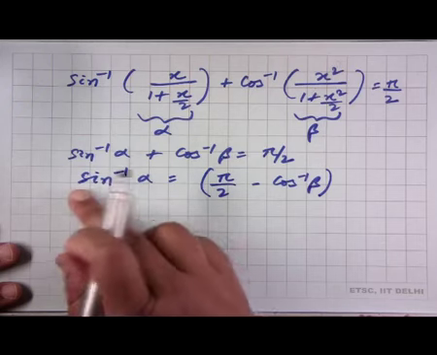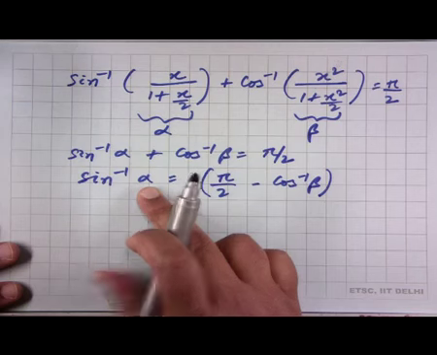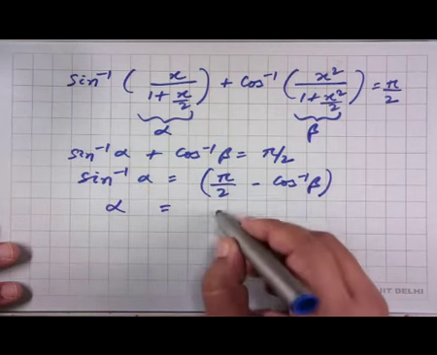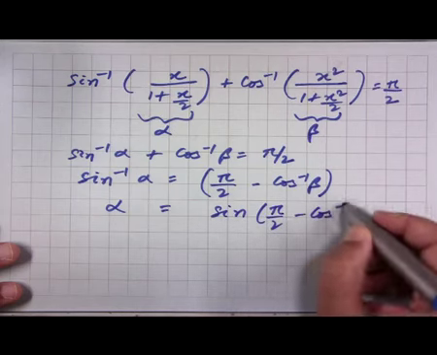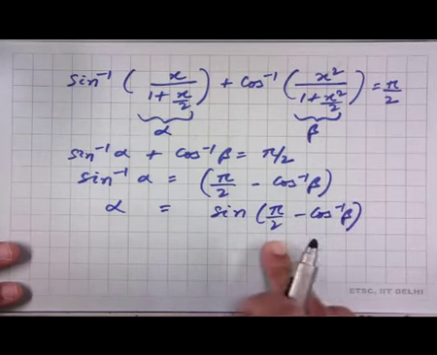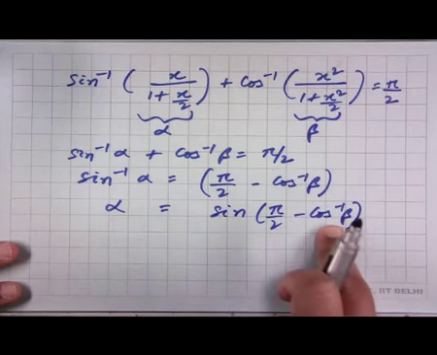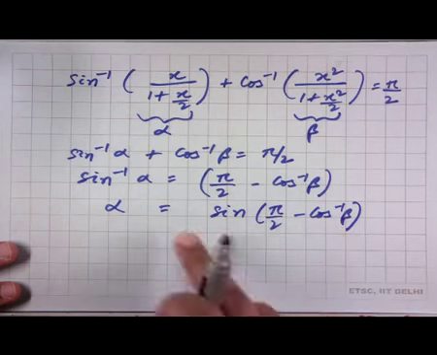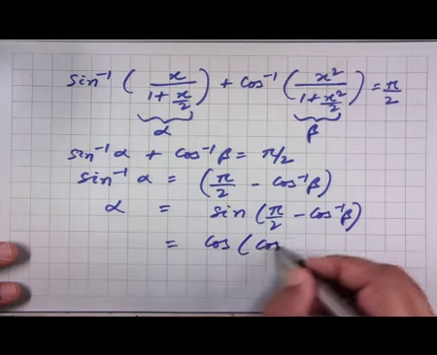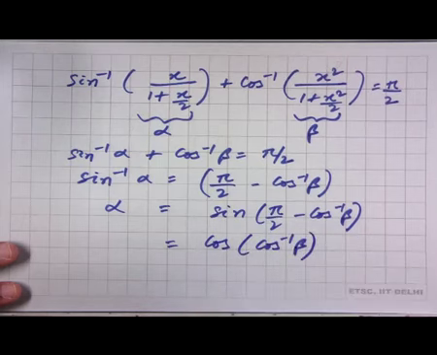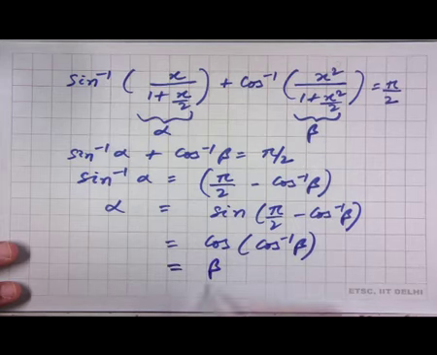Now, let us apply the sine function on both sides of this equation. When we apply sine to the left hand side, we get sine of sine inverse alpha, which is equal to alpha. On the right hand side, we get sine of pi by 2 minus cos inverse beta. But we know that for any angle theta, sine of pi by 2 minus theta is equal to cos of theta, and therefore, this right hand side is equal to cos of cos inverse beta, which of course is equal to beta.